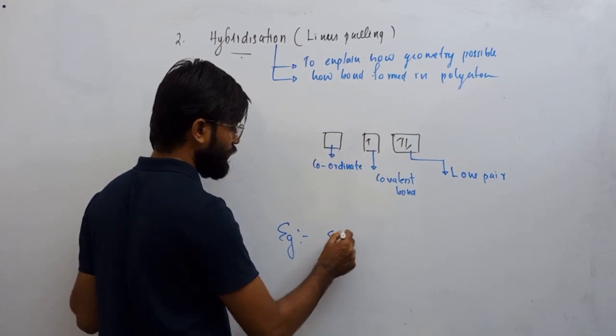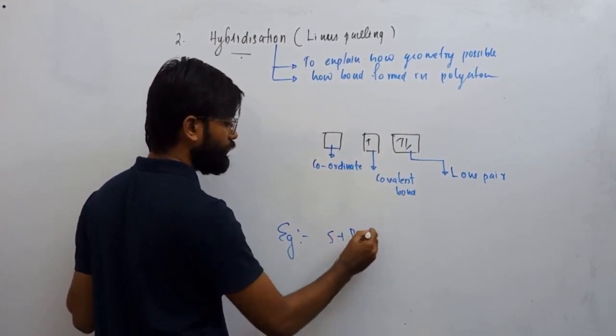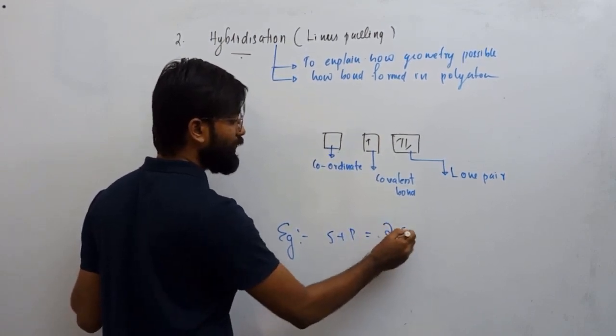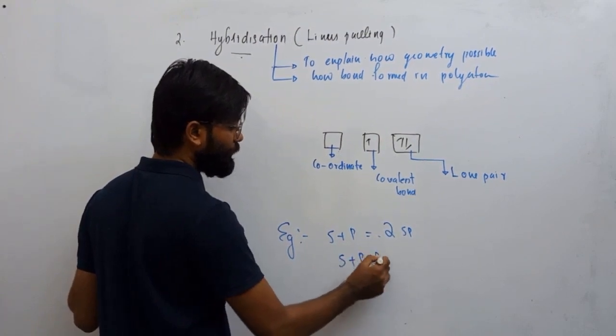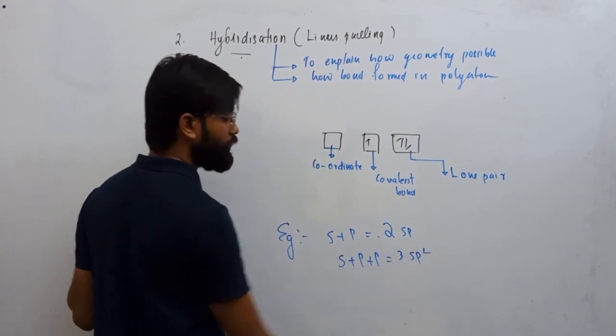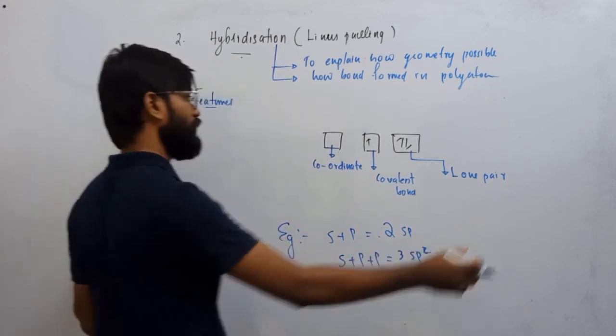For example, if the intermixing is between s and p, then 2 sp hybrid orbitals form. If the intermixing is between s and two p, which means 3 orbitals, then 3 sp2 orbitals form. Okay. So however many atomic orbitals are intermixed, that many hybrid orbitals are formed.